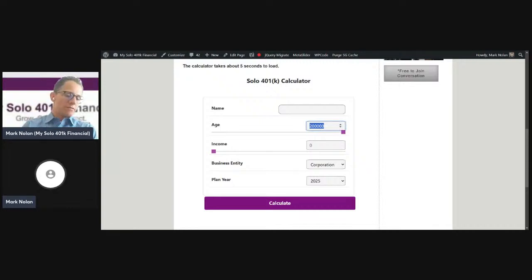Let's say they're 35. It's not going to matter because anyone who's under 50 does not qualify for a catch-up. Income, we'll use $200,000 of W-2 wages from your S corporation, for example. Tax year 2025, calculate.